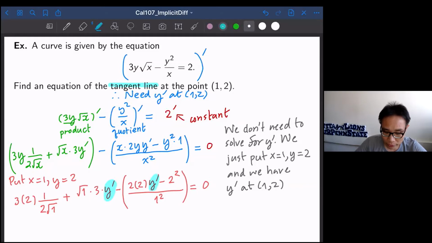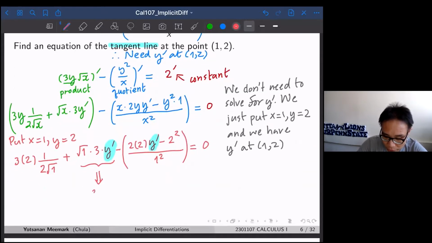So in this case, you get 3y prime, and this term is going to be minus 4y prime, plus 4, and for this term, it's going to be plus 3.